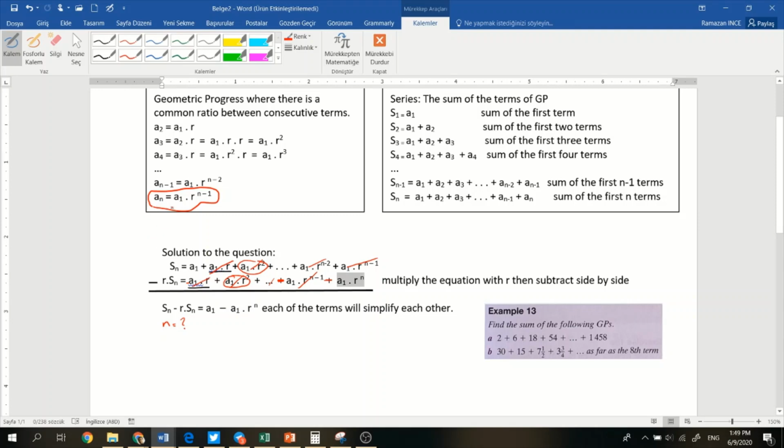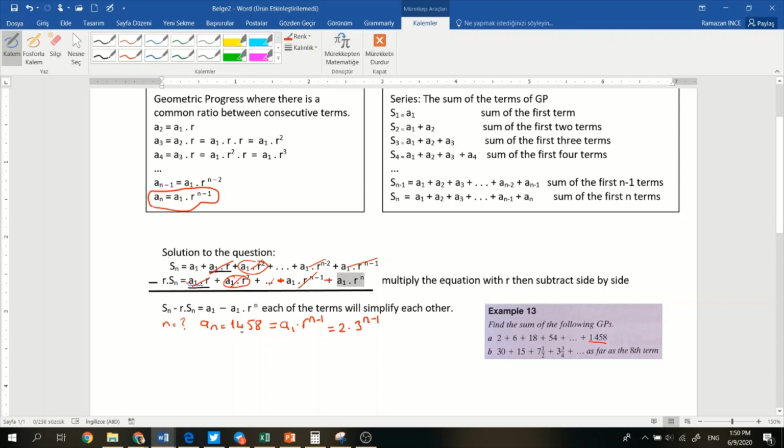Now what is n? Do we know the last term? An is equal to 1458. Is that clear? From here, it means A1 times R raised to power n minus 1, which means A1 is 2 times R is 3 raised to power n minus 1.